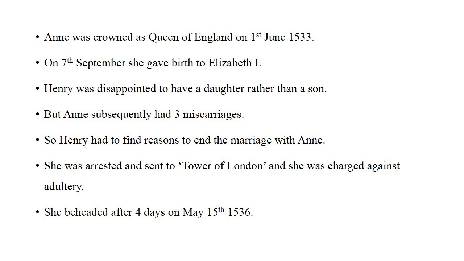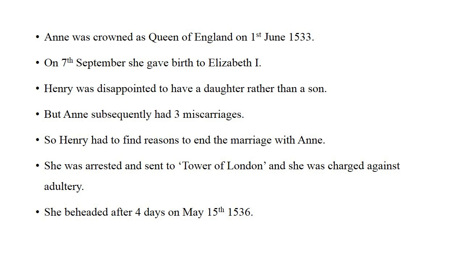Then Anne was crowned Queen of England on 1st June 1533, and she gave birth to a girl child, Elizabeth I, on 7th September. Henry was disappointed to have a daughter rather than a son. As I have told you already, to have a male heir, he got divorced and married another woman.